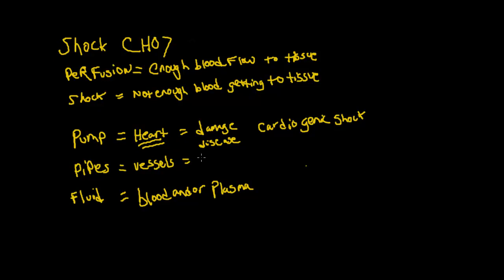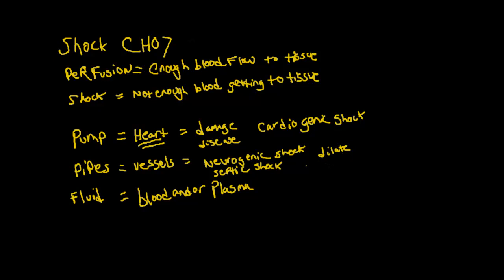With the pipes, typically what's going to happen is you have some sort of dilation occur. This happens with neurogenic shock, and it also happens with septic shock. Septic shock is some sort of poisoning of the blood, or with neurogenic shock, you've had some sort of damage to the spinal column and it's caused the vessels to dilate.